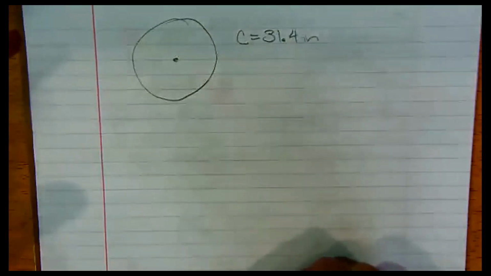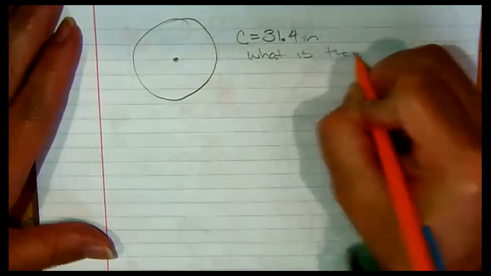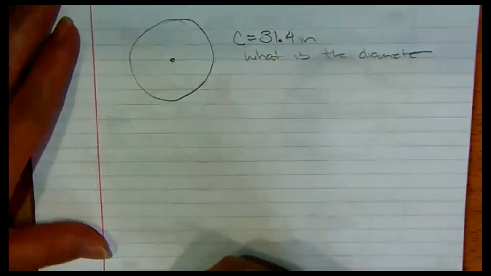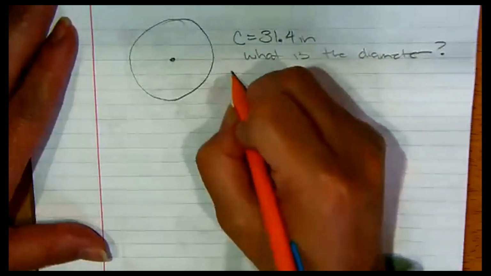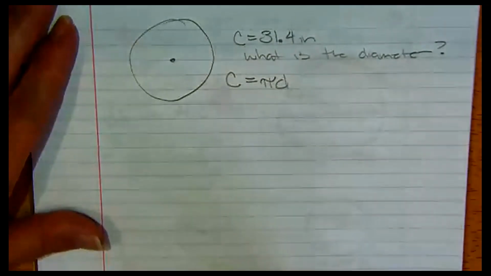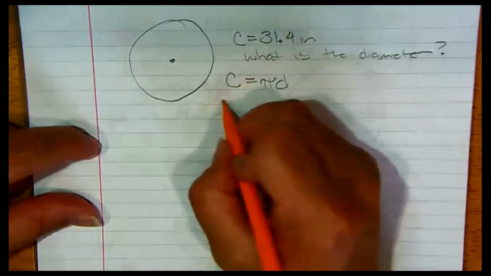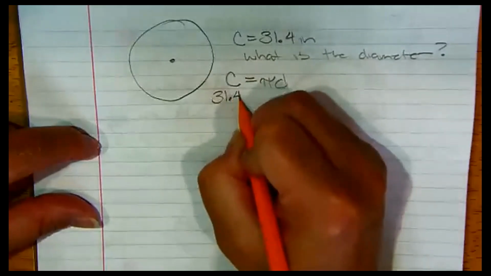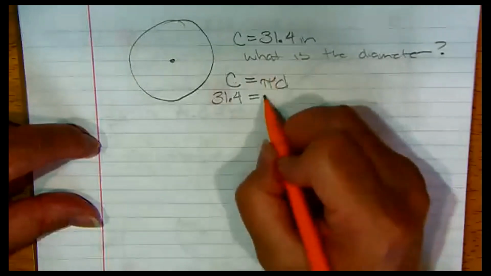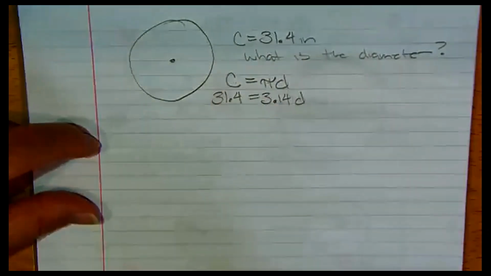And we want to know, what is the diameter? So we know that the circumference is equal to pi times the diameter. So now it's just substitution. I'm going to substitute 31.4 inches for the circumference is equal to pi is 3.14 times the diameter.